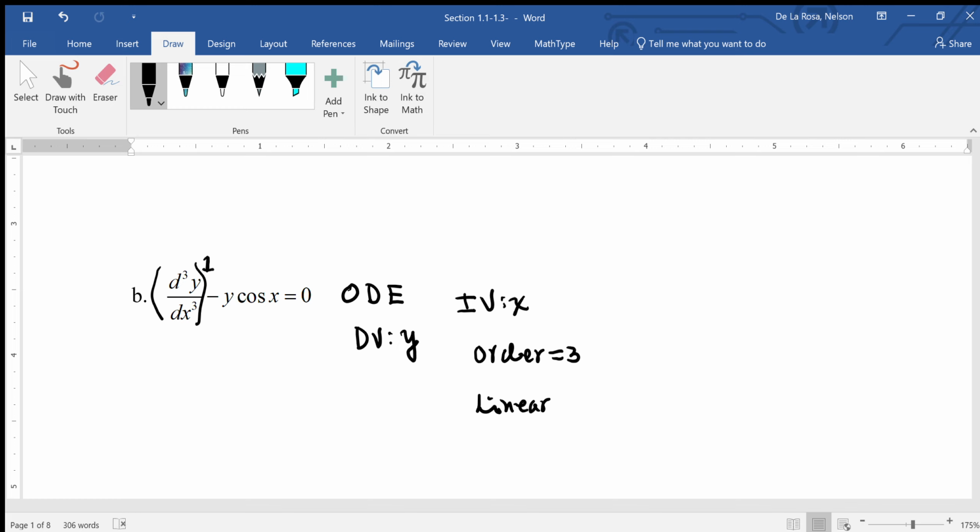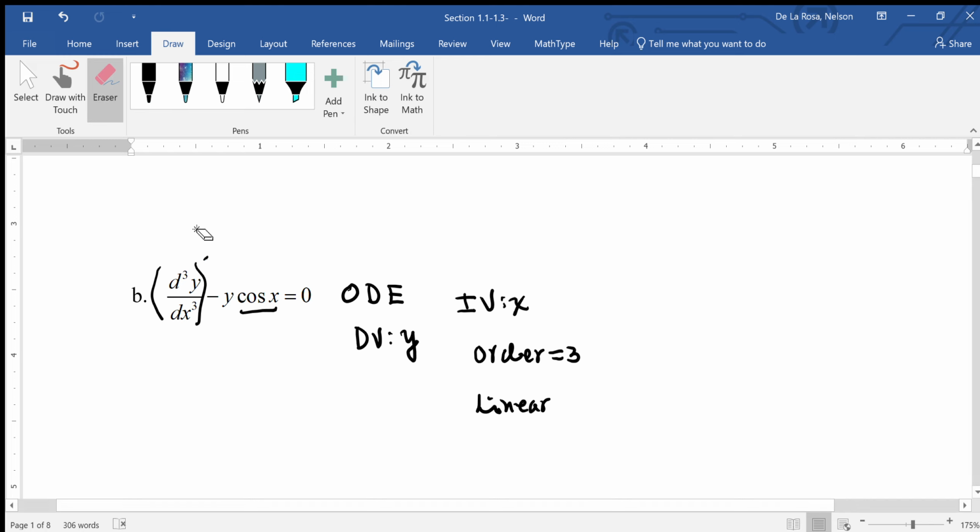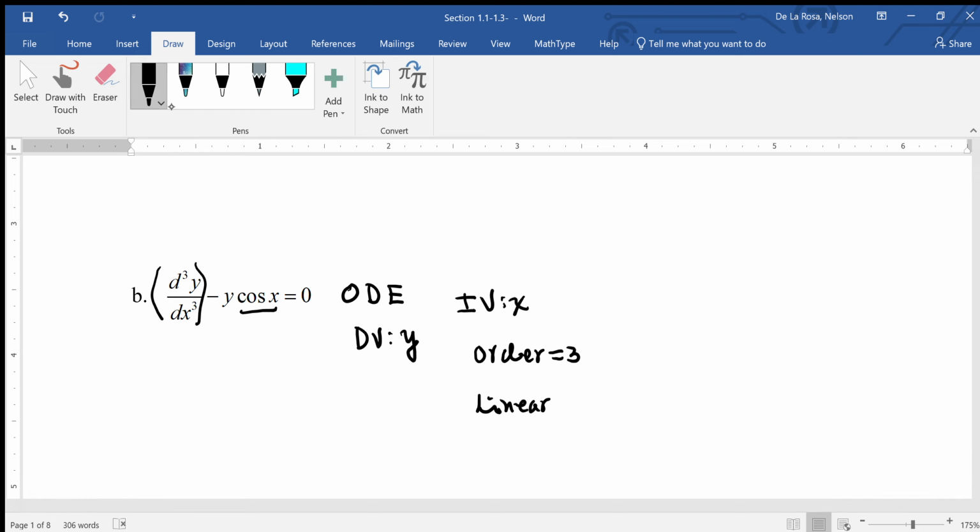In addition to that, it is linear because y is multiplying a function of x. So that is why this equation is linear. Okay, don't get confused. This is a 1.